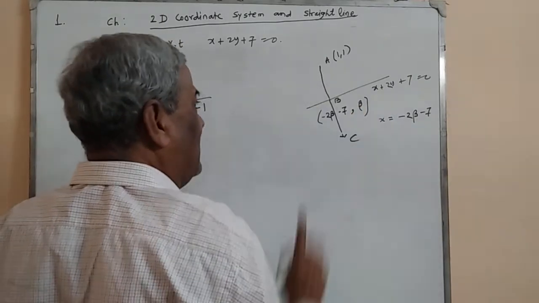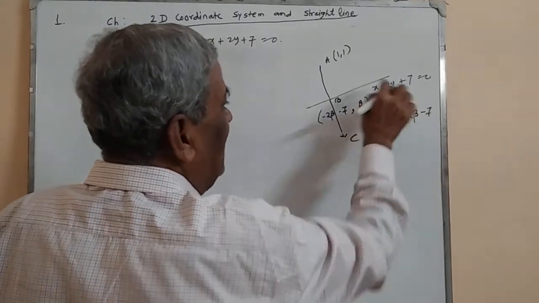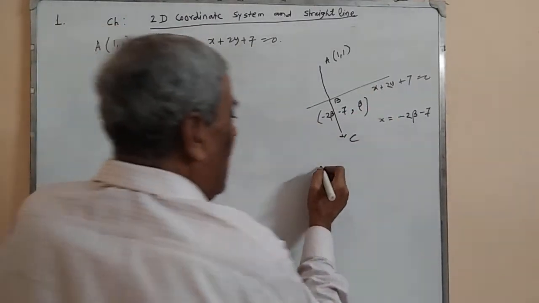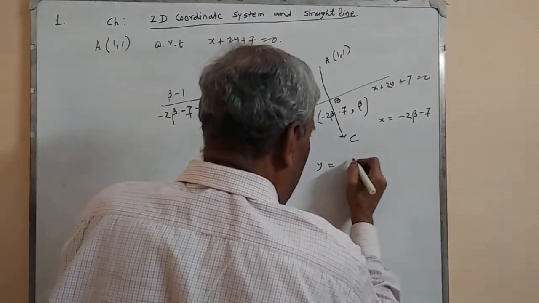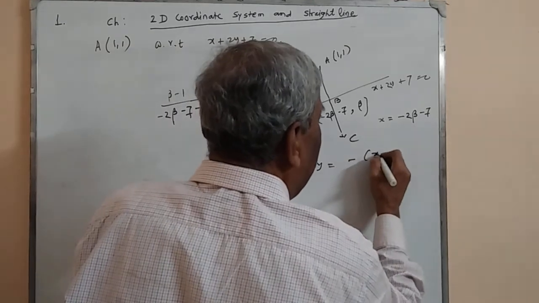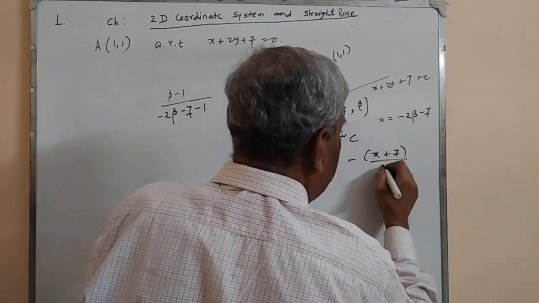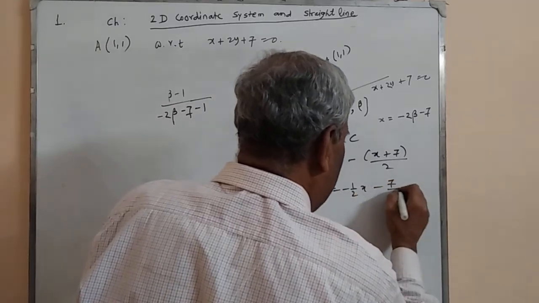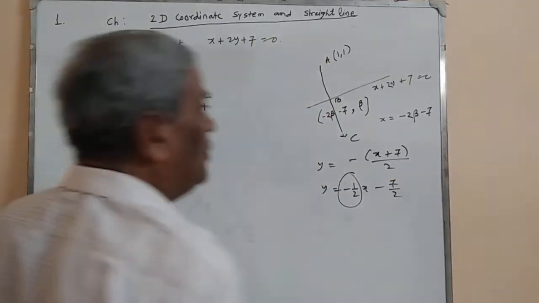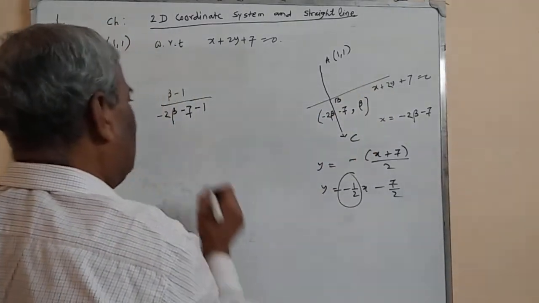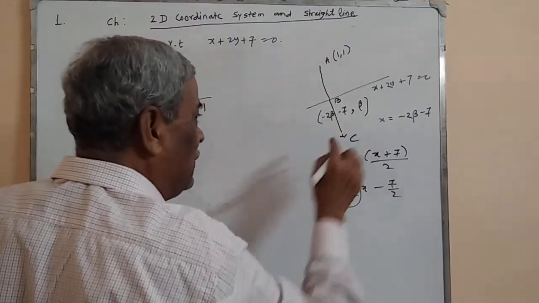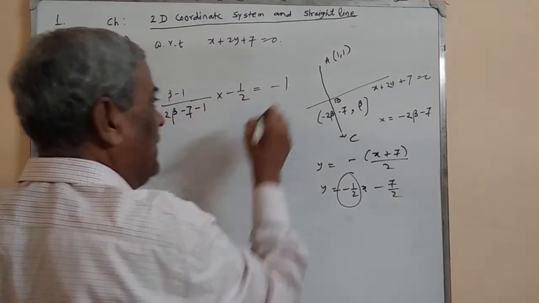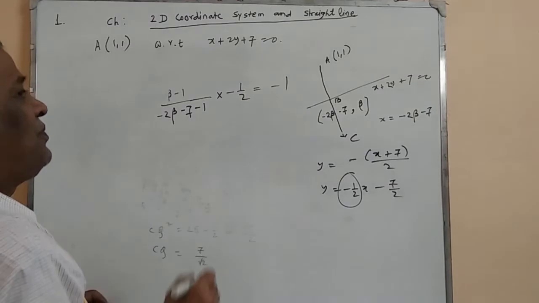And the gradient of the given straight line: y is equal to minus x by 2 minus 7 by 2. So the gradient of this straight line is minus half. So the product of the gradients must be minus 1.